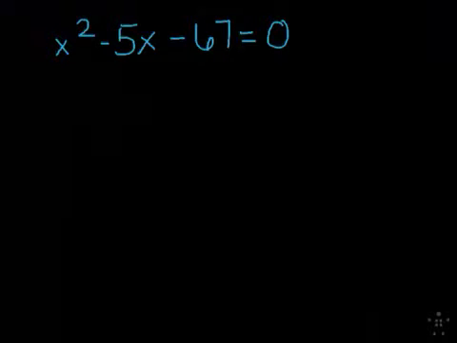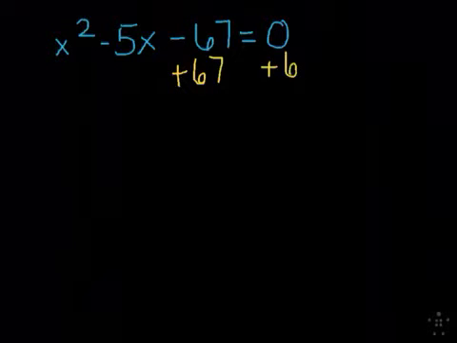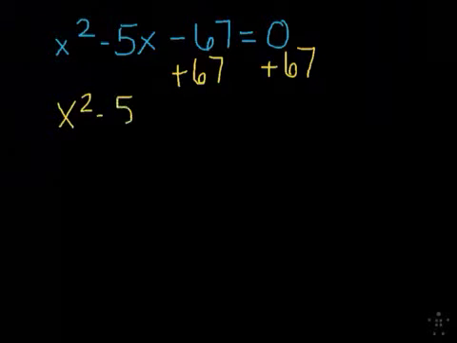Okay. All right, so we're going back to some of them where a equals 1. I want to just work with some fractions because I know everybody loves fractions. So step 1 is to add our constant. So we have x squared minus 5x equals 67.